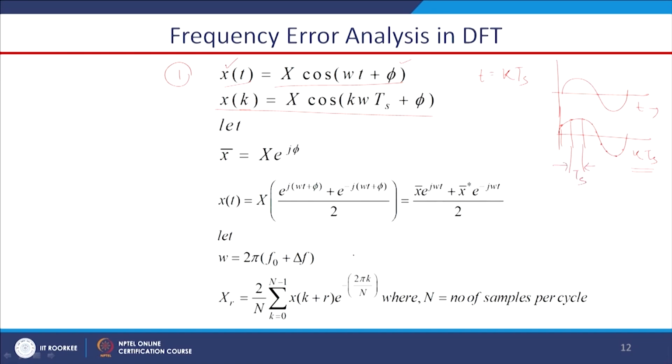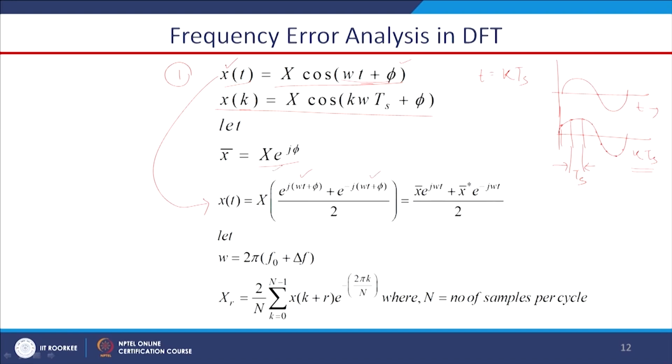Now, for this particular signal, we will denote x bar, small x bar, as capital X times e to the power j phi. By rewriting this x(t) in exponential form, like cos theta equals (e to the power j theta plus e to the power minus j theta) divided by 2, with theta being omega t plus phi, the first term will be e to the power j(omega t plus phi) plus e to the power minus j(omega t plus phi).